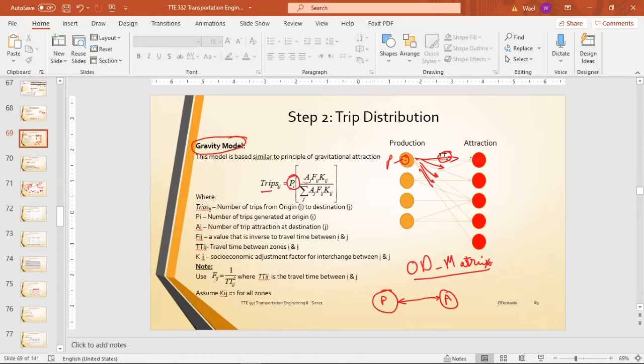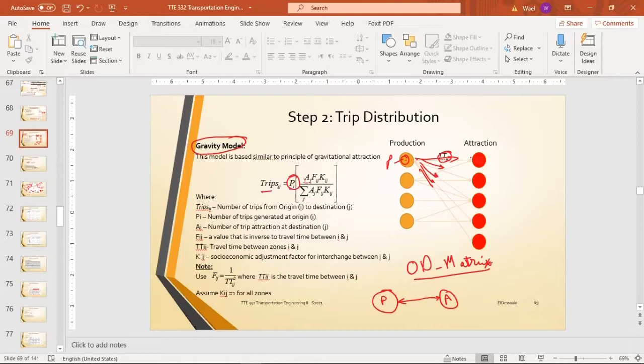In other words, this is the gravity model, and this is the production, this is the attraction of destination J, and Fij, that's the friction between I and J, and Kij, that's the socioeconomic factor between I and J, and here that's the summation of all pulling forces from all destinations.